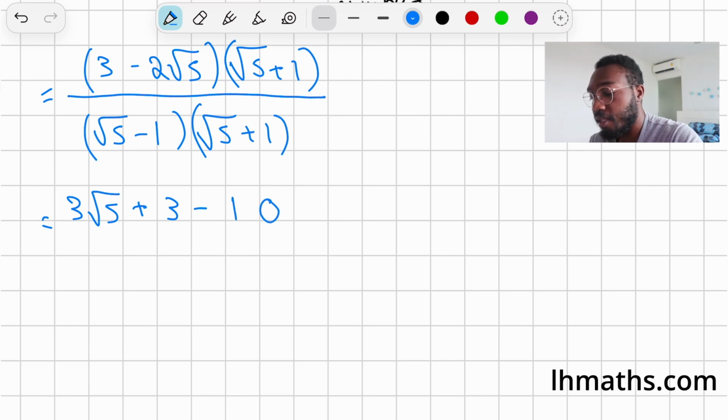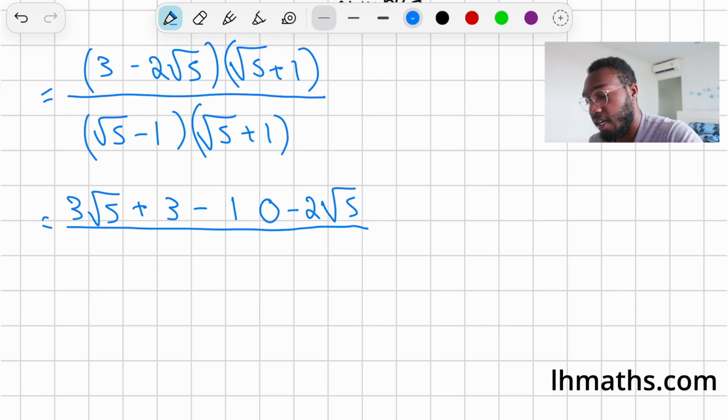Okay. And therefore, we also have a minus 2 root 5 times a 1. So that would be a minus 2 root 5. Okay. And then on the bottom, we would get a root 5 times a root 5, which is a 5. And then a minus 1 times a 1, which is a minus 1. Remember, we don't need to do the bits in between because they will cancel each other out.